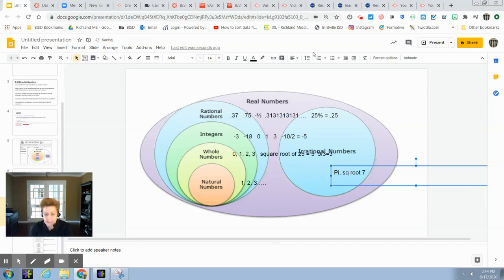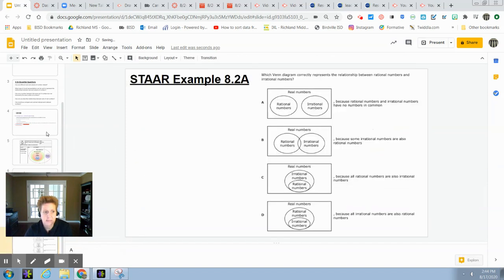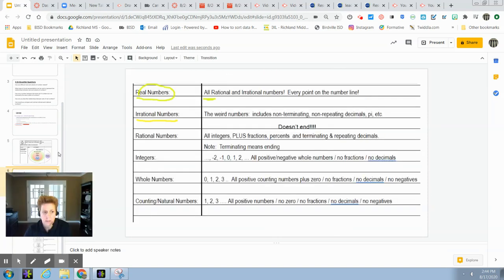If you had a decimal that was negative 0.0125495, I mean, there's no pattern. It just keeps going on forever. That would be one as well. Those are just examples. They're not going to ask you which one is a whole number or a real number on the test. Let's see if we can go to the next slide.